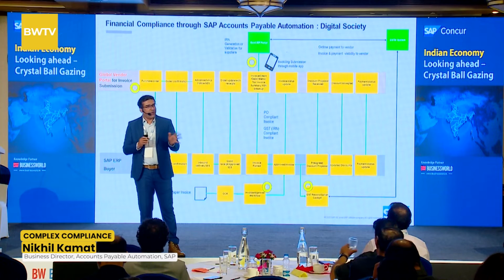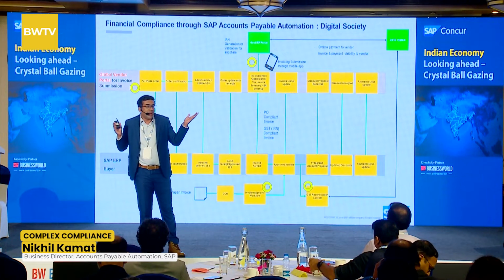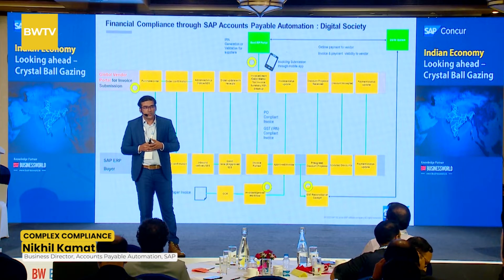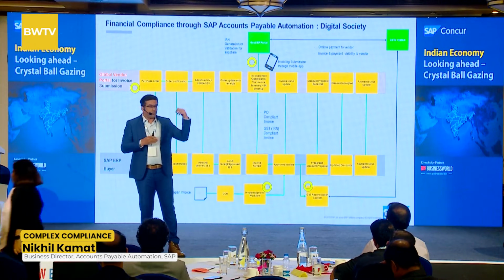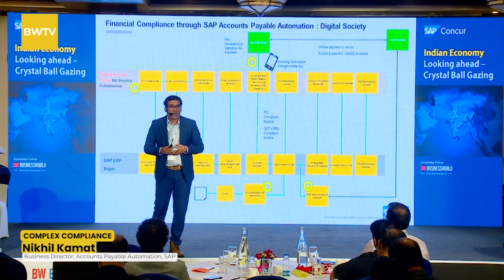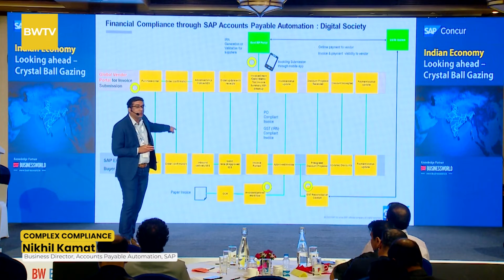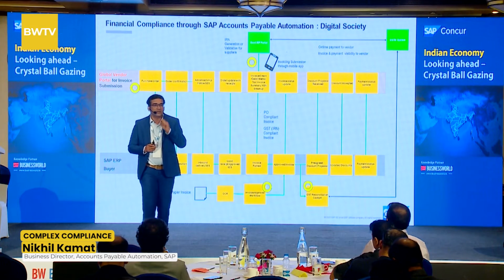Another aspect is, fair enough, I have MSME vendors, but I have large vendors also, where I buy high net worth of goods. Can I provide supply chain finance to them, right? Yes, this is where there are extended solutions of SAP which allow you to do supply chain financing as well. Now, all this can happen provided the invoice you received is approved and ready to be paid within the 3 days it is received.